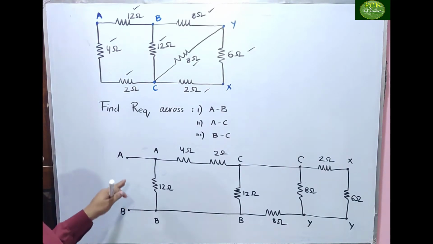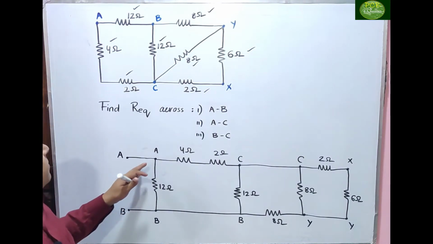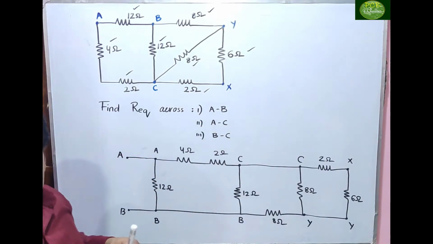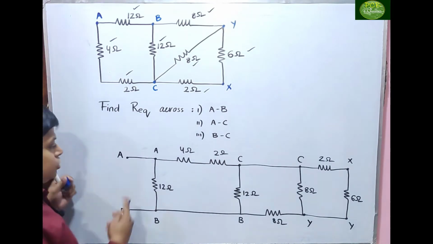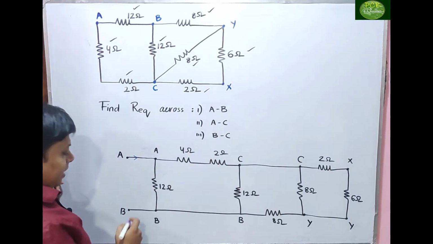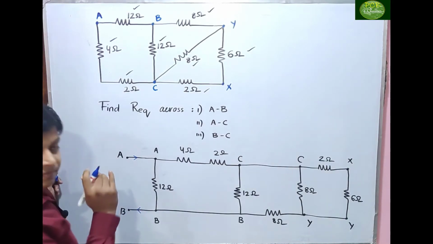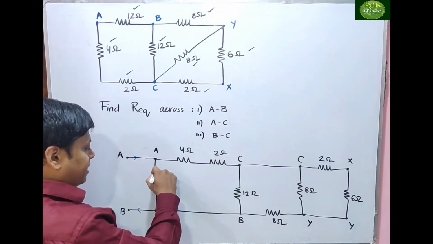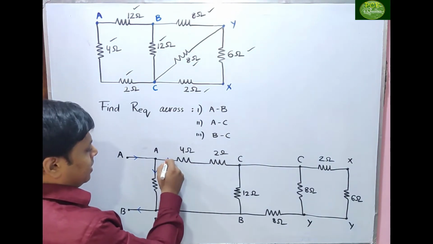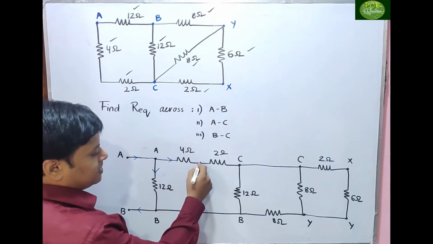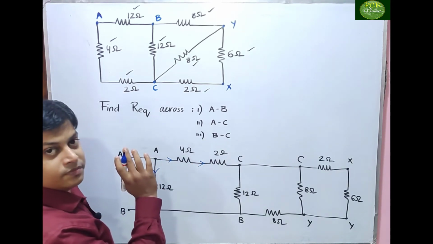So as per the conditions, across AB, what is the first step in finding the R equivalent? We have to assume a current is entering, and the same current is leaving. Next, current will be divided. Current enters, here it is divided, enters the 4 ohm, and the same current enters the 2 ohm.